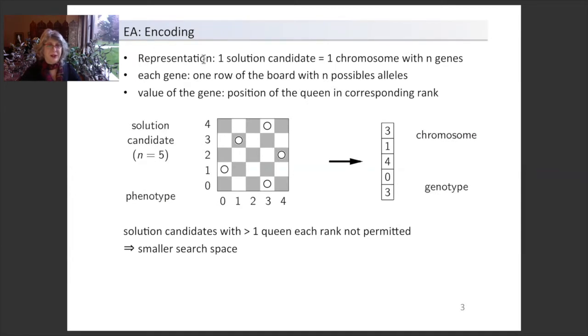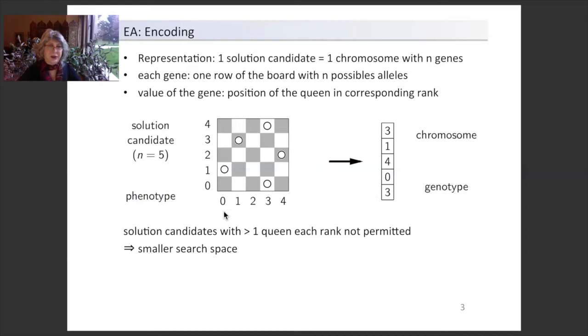The representation is such that one solution candidate is represented with a chromosome with n genes. Each gene is one row of the board with n possible alleles. A gene may take n possible values. The value of the gene shows the position of the queen in the corresponding rank.